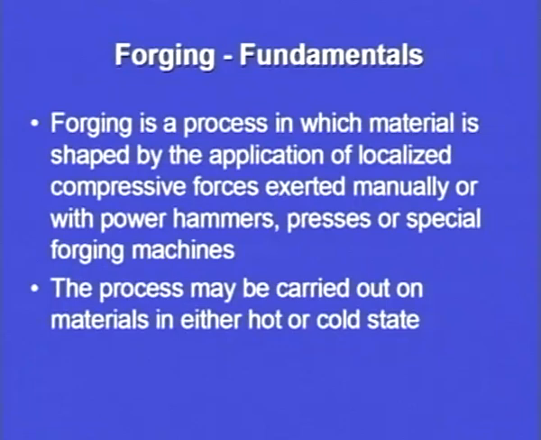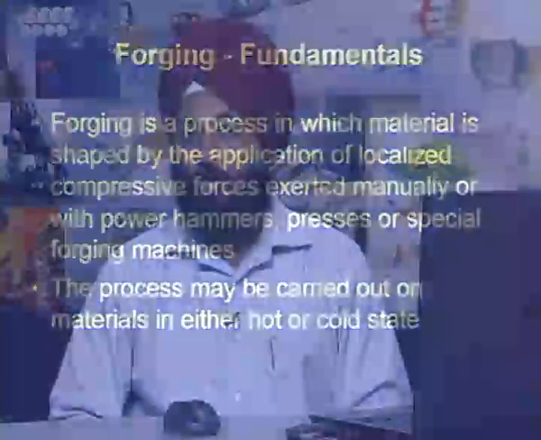So, what is forging? We will first discuss the fundamentals of the forging process. Forging is not a new process, it has been in use for a long time. We have seen certain metal products that have been made by forging, but when we see a metal product we are not able to judge whether it has been made by forging or by casting. But forging has been in use for a long time.